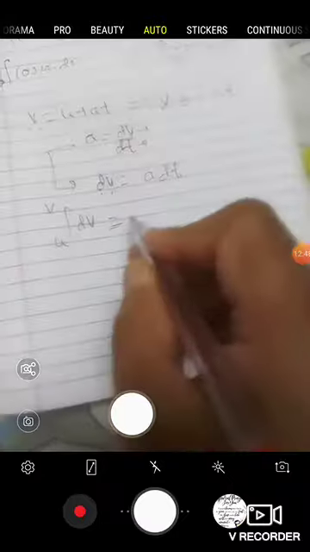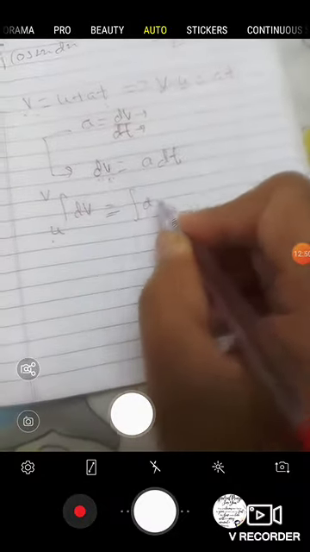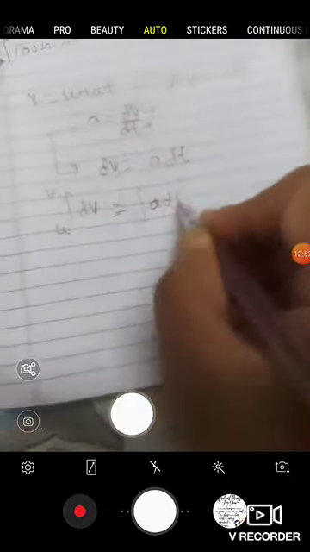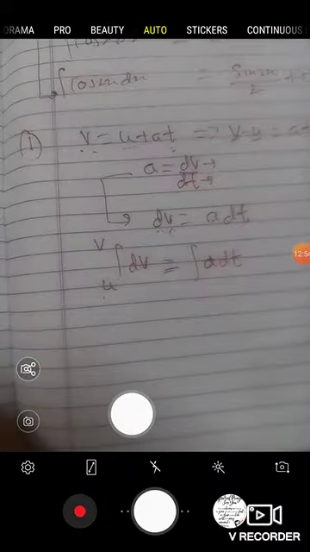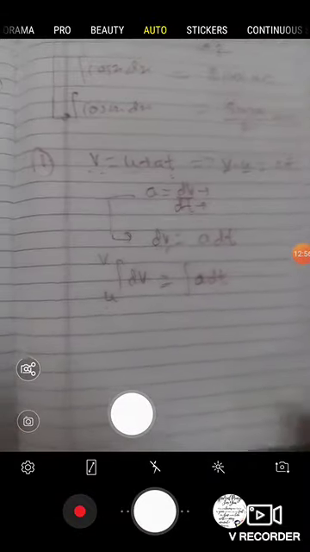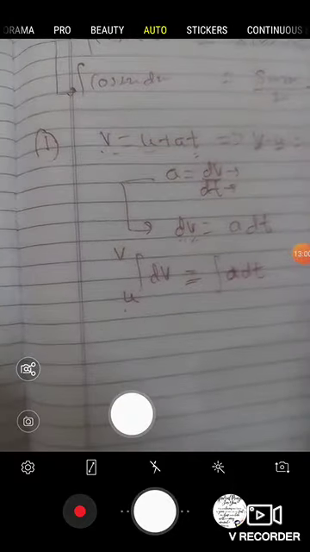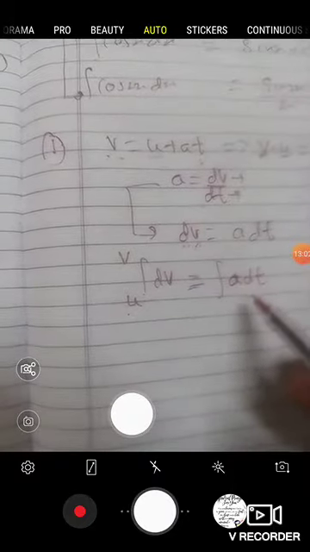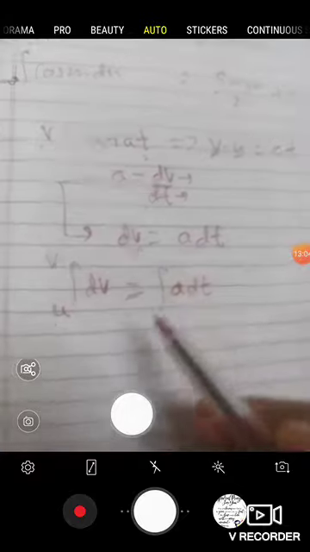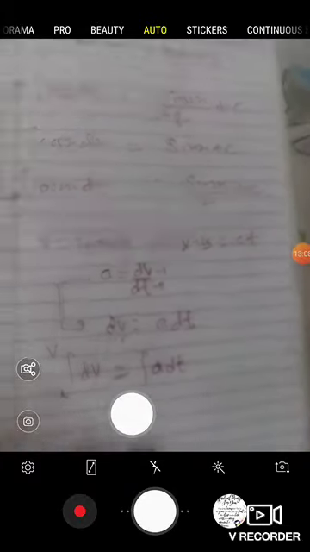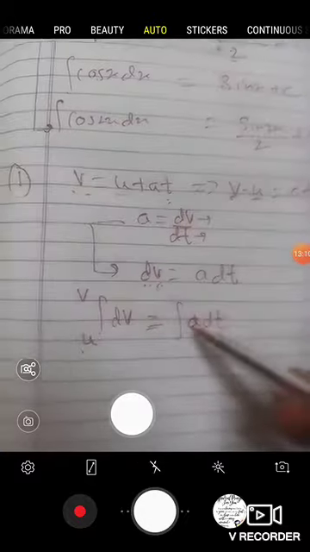I will integrate this equation a into dt. I have used integration on both sides. I told you last time also, integration is only possible if the small elemental value of the same thing is present. Now here if you see carefully, here is a and here is dt.